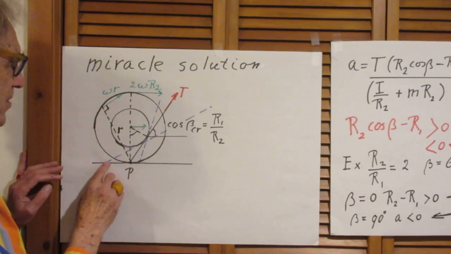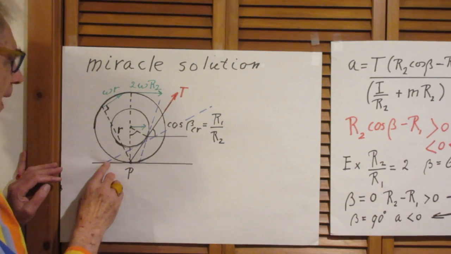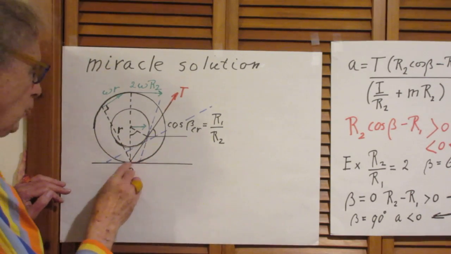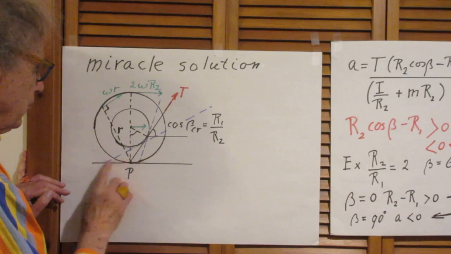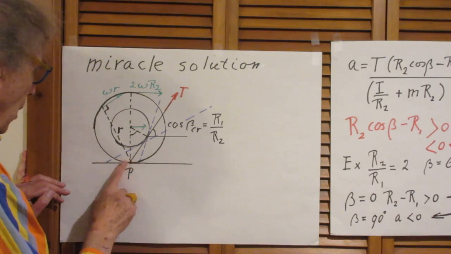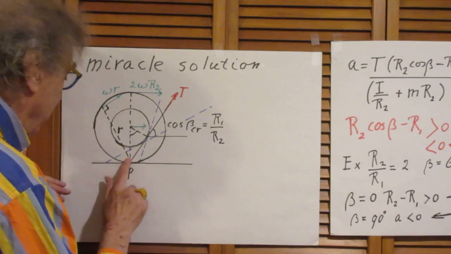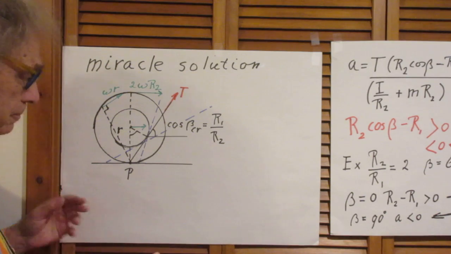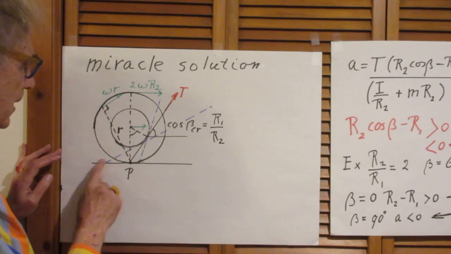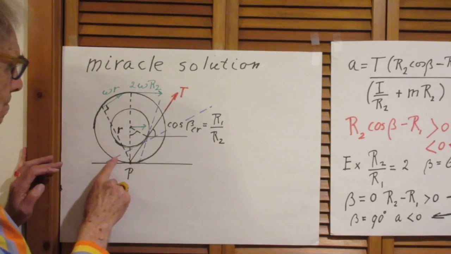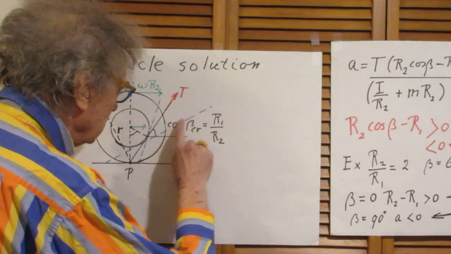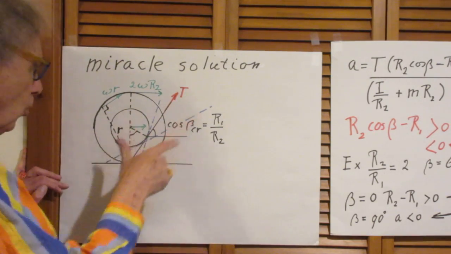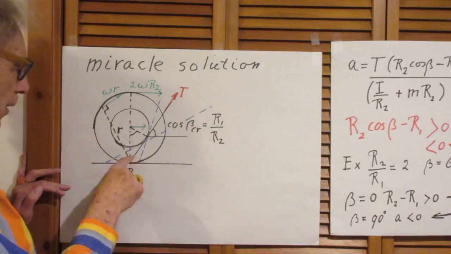If it ends up on the left side of point P, that will cause a clockwise torque. There is no torque due to this force F at the bottom, because F and R are in the same direction, so that torque is zero. The only torque we have is due to this tension and this distance, and that's a clockwise torque.